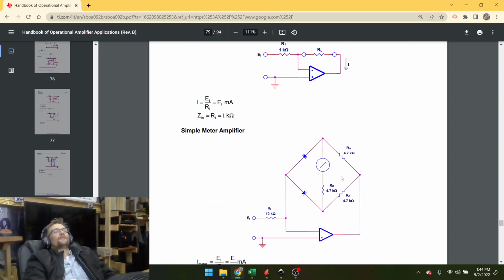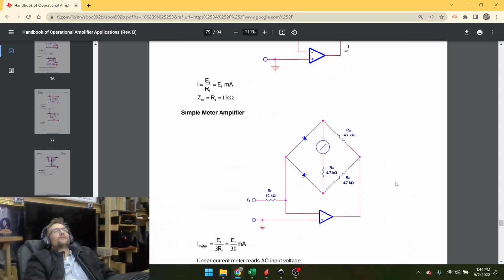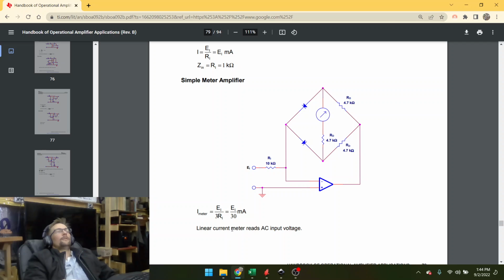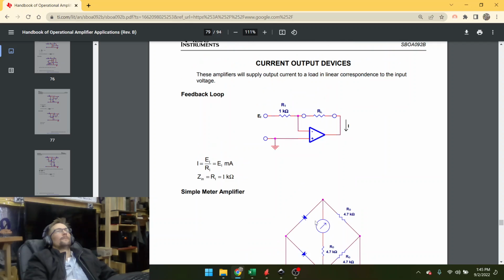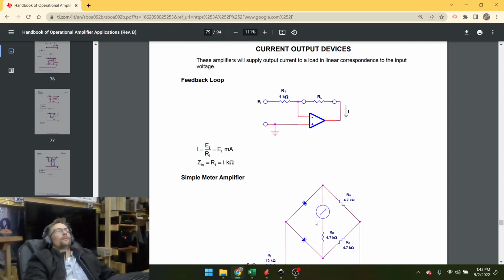Current output devices. Hey, the Wheatstone bridge-ish. Not really. No, it's not. Simple meter amplifier. Linear current meter reads AC input voltage. Does it really now? Current output.